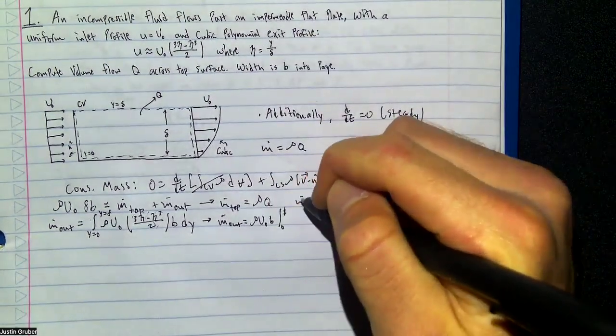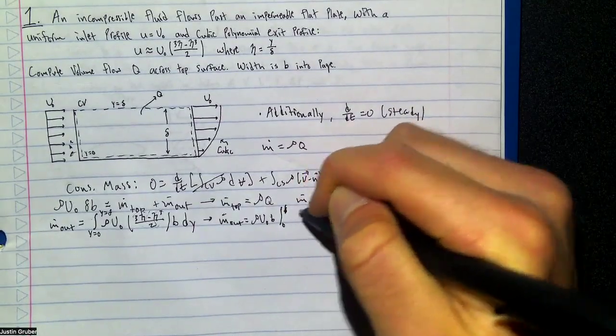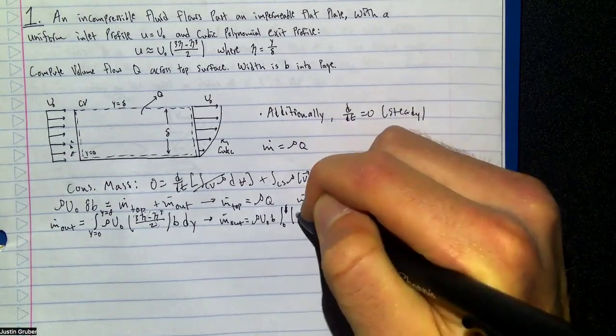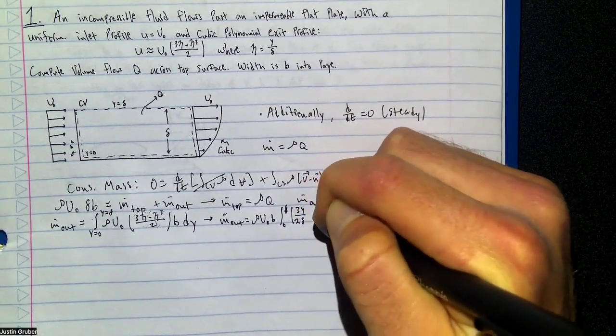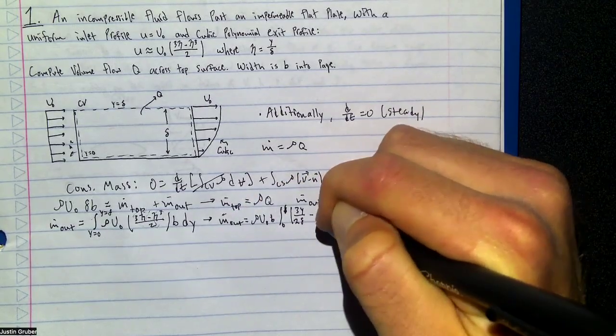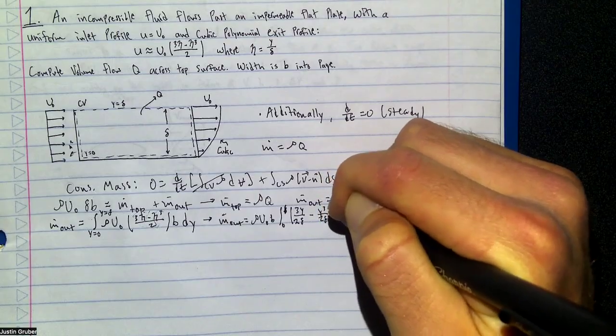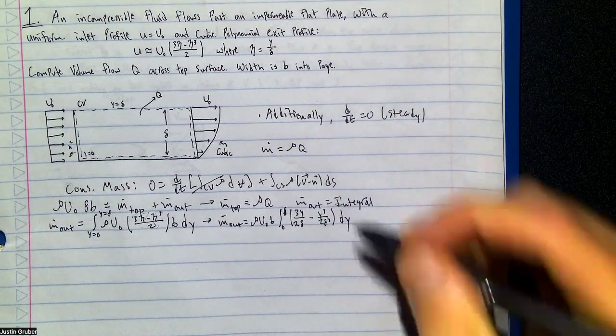So this first term is going to be 3y over 2 delta. The second term is going to be y cubed over 2 delta cubed, with respect to y.